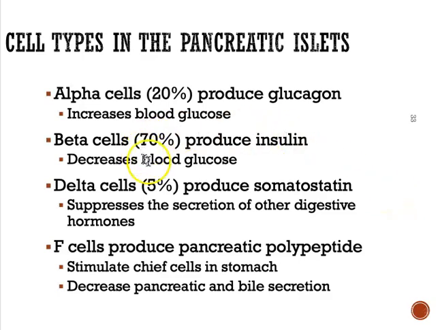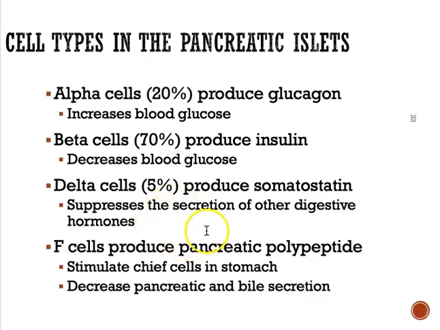The larger portion of them are producing insulin, right? Again, the job of insulin is to help cells take in glucose into themselves, so decreasing blood glucose and putting it into cells. Glucagon is going to be the exact opposite. It is increasing blood glucose levels or preventing cells from absorbing glucose. Delta cells produce something called somatostatin, which helps suppress the secretion of digestive hormones.